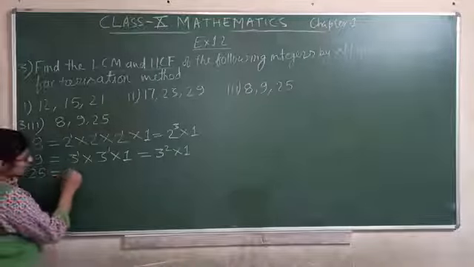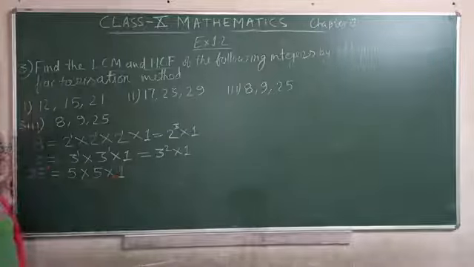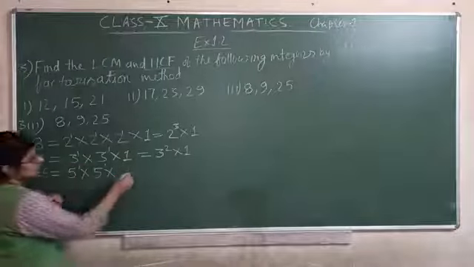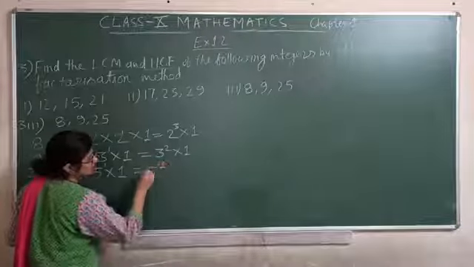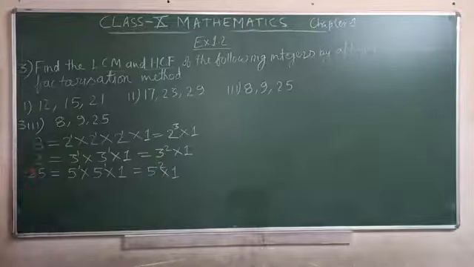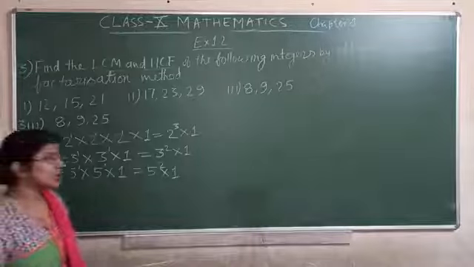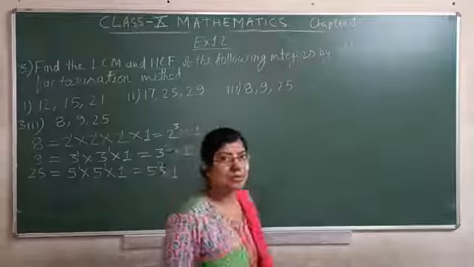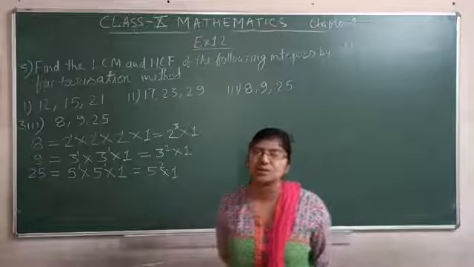25: 5 into 5 into 1. Power 1, power 1. So 5 square into 1. Okay. Prime factorization done. First step, you have to do prime factorization of the given integers. So we have done prime factorization of the given integers.